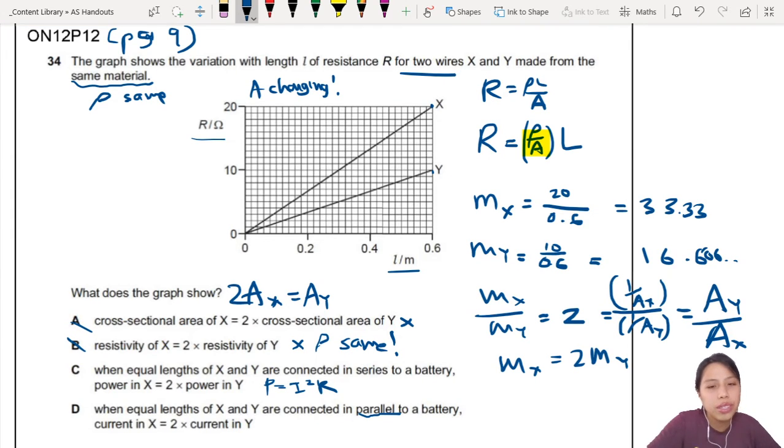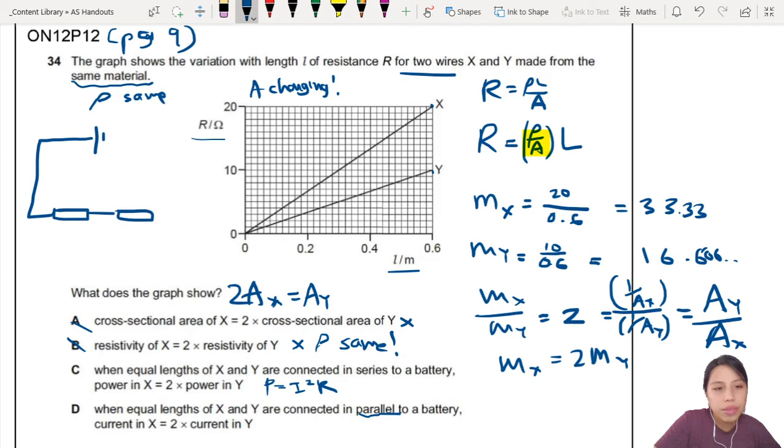Let's draw it out since these two have circuits. The first one, question C, says if you connect both in series, so draw 2 in series, this is wire X, wire Y. The power in X is 2 times the power in Y. How do you know? Check ratio again. Look at the ratio for resistance for different areas.